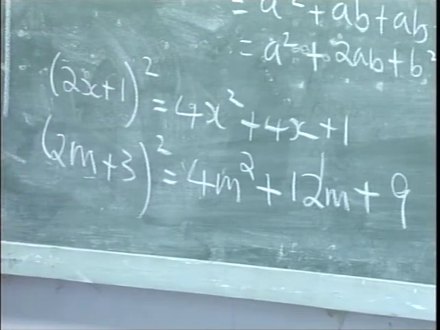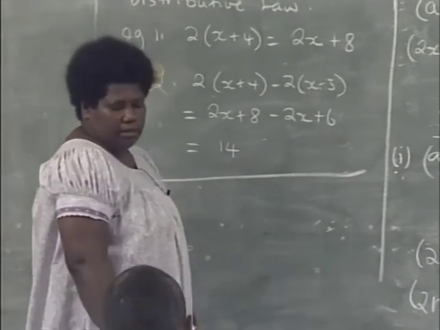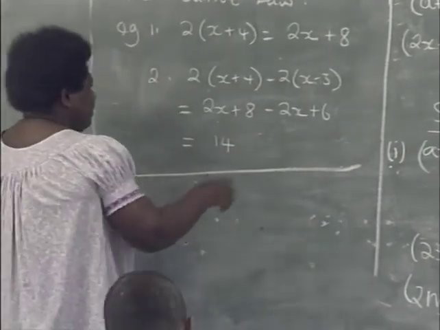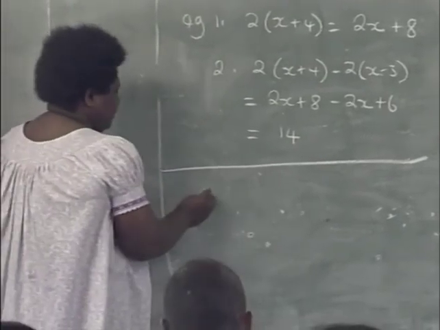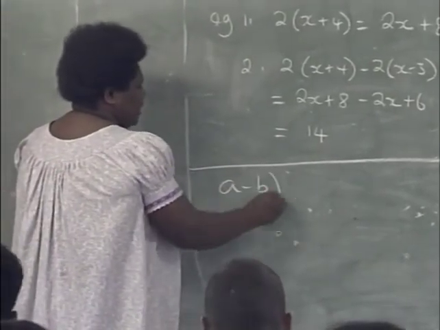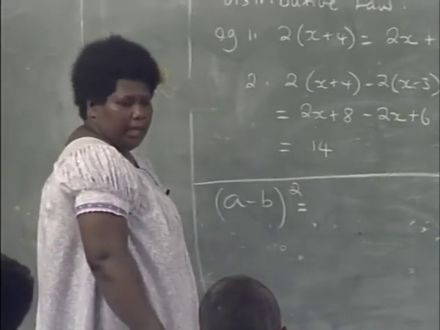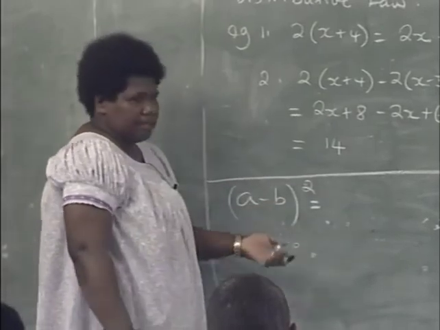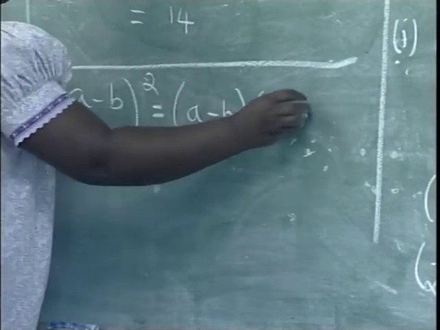Okay, which brings us to the next one. This is called a standard result. That means you cannot change it. Now, if I change that plus b to minus b and say a minus b squared. A minus b squared is the same as a minus b times a minus b.